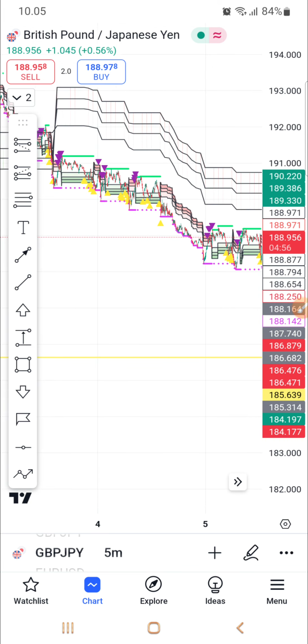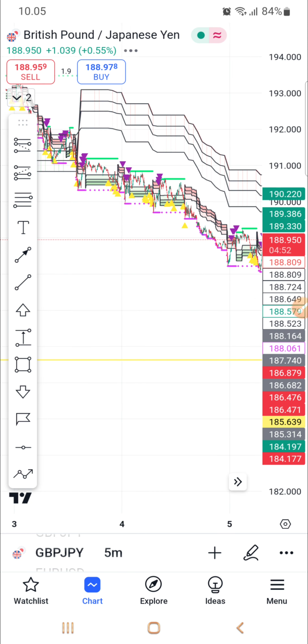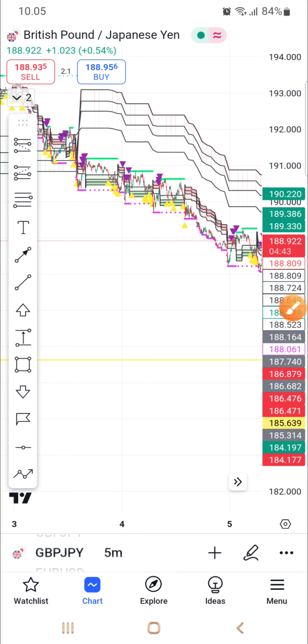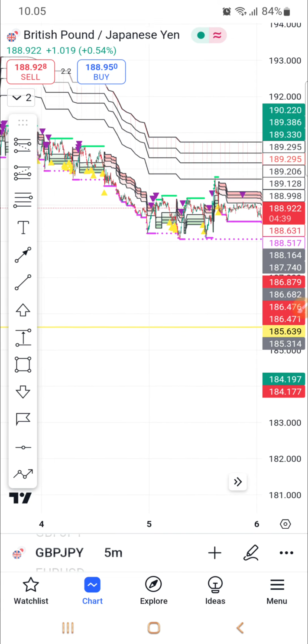Okay, so look at this one. If you're thinking only for buying, look at this area, guys. You buy here, another buy, another buy, another buy, another buy, without protecting your open position, without protecting your buy. Look at this area.